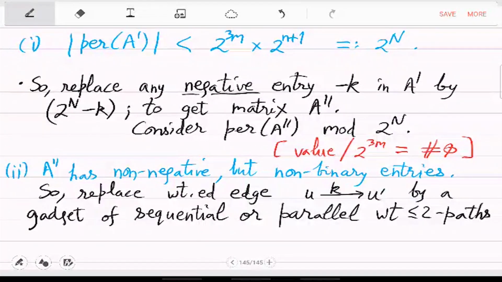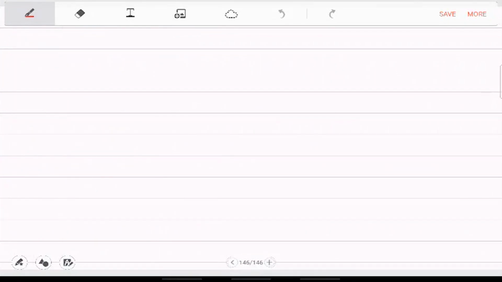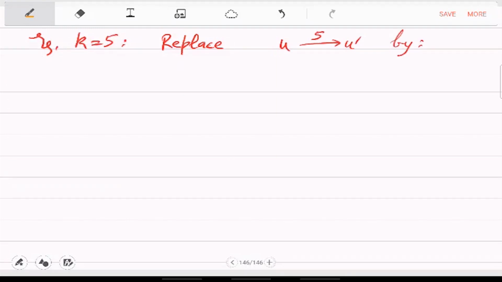So how to do that? Let's do this by an example instead of giving a general k proof. So example: k equal to 5. Replace this edge from U to U prime, weight 5, by the following.